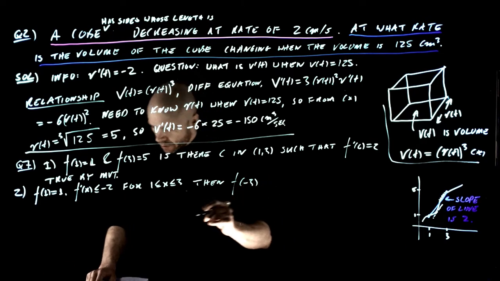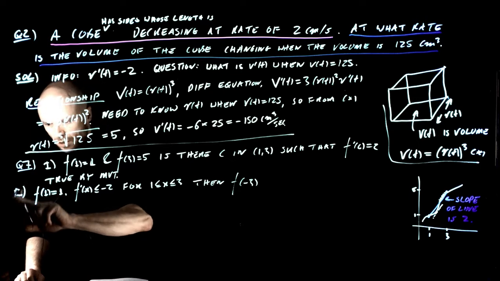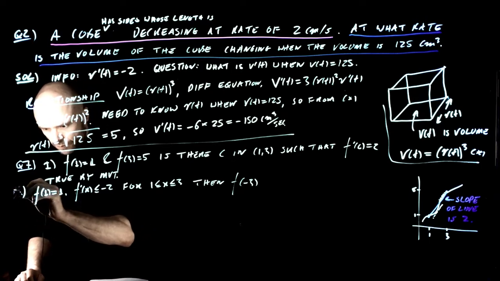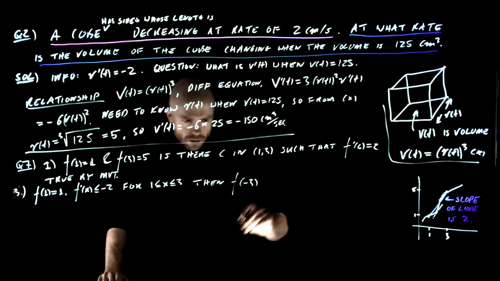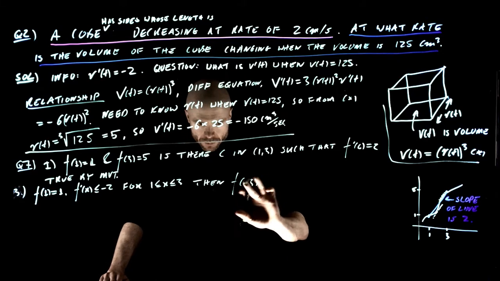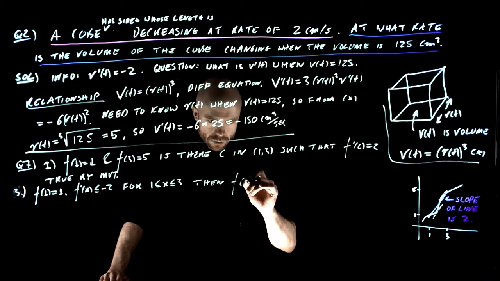I'm accidentally doing statement 3, but okay, let's continue it. Let's do statement 3. And it says f prime of 3 is less than minus 3.